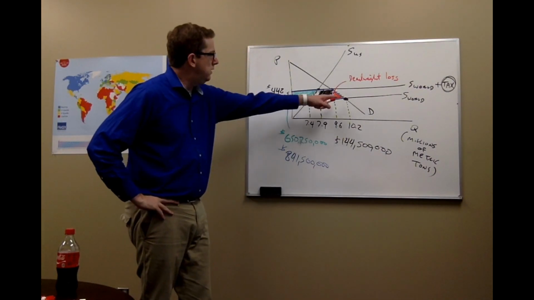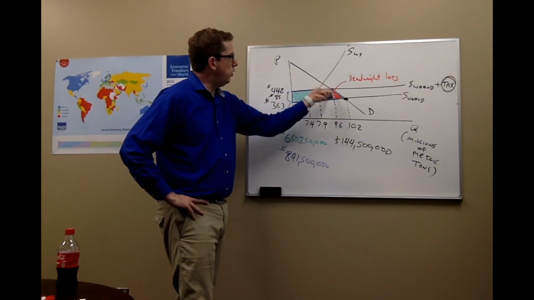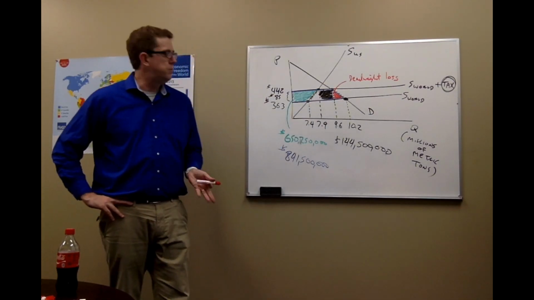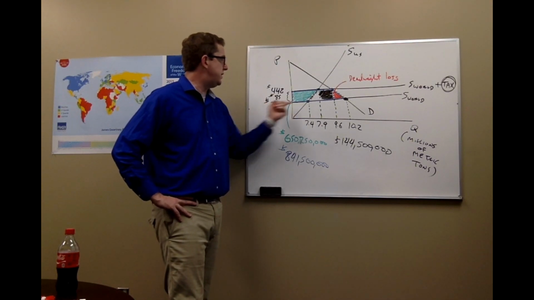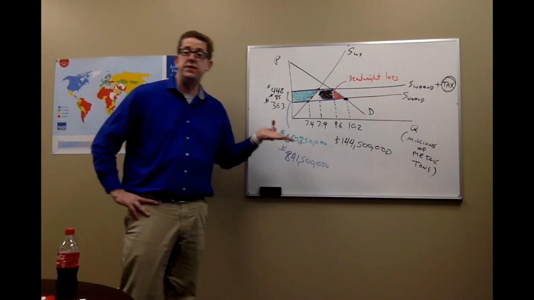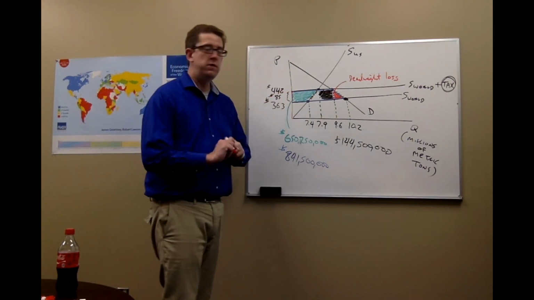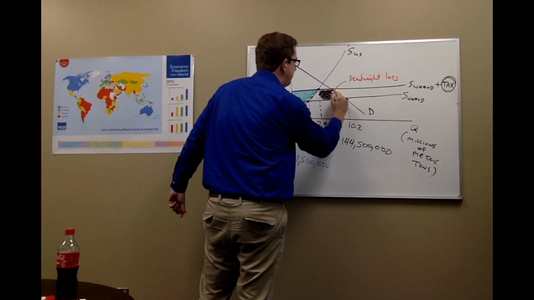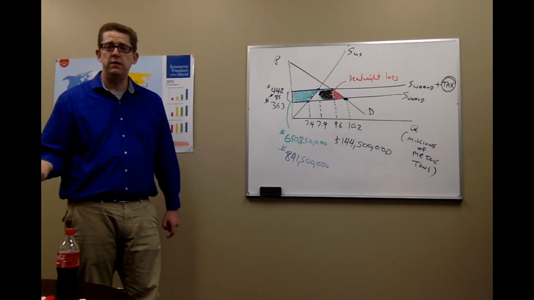Well, remember that there's all of these tons of steel over here that are worth more to consumers than they cost to buy on the world market. So, people are willing to pay more than $363 a piece for each of these tons of steel. They could pay $363 if we had free trade. They can't because of the tariff. So this deadweight loss represents gains from trade that we sacrifice because those trades are never made.